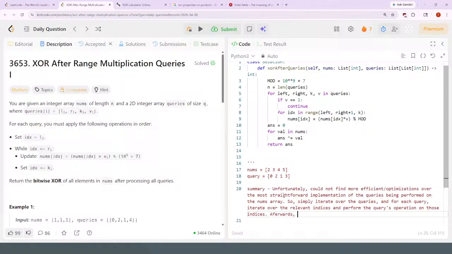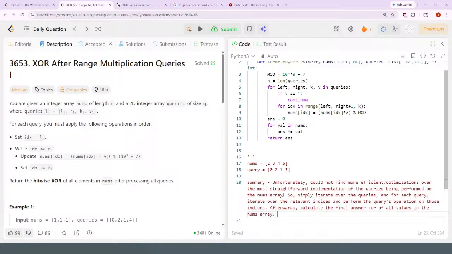Afterwards, calculate the final answer, the XOR of all values in the nums array.